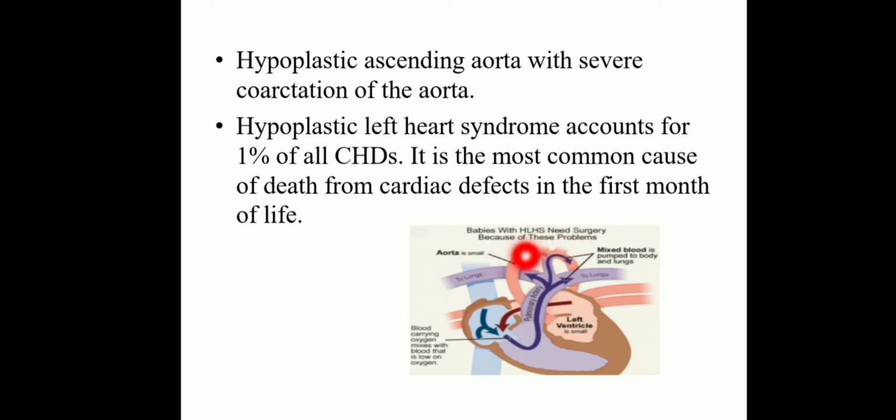But the left ventricle has a structural deformity, it is hypoplastic, and at the same time the ascending aorta has narrowing and stenosis. So it is one of the leading causes of death in the first month of life. This is about the introduction.